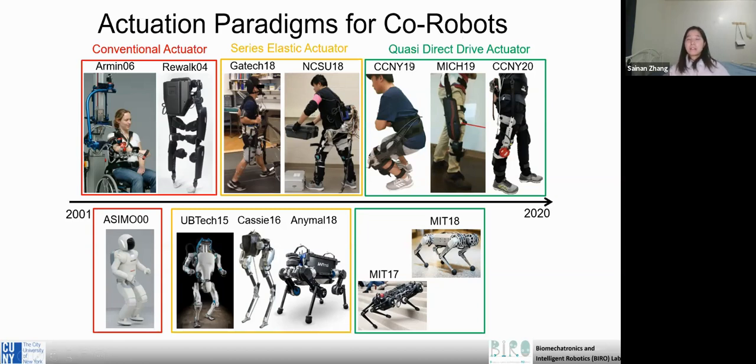The last is the Quasi-Direct drive actuator. It was first talked about in 2017, by the MIT Cheetah group. This is the MIT Cheetah and the MIT Mini Cheetah. You can find that those 2 kinds of robots are heavy, and the Quasi-Direct drive is more lightweight.